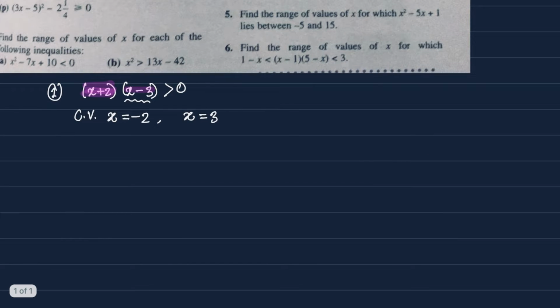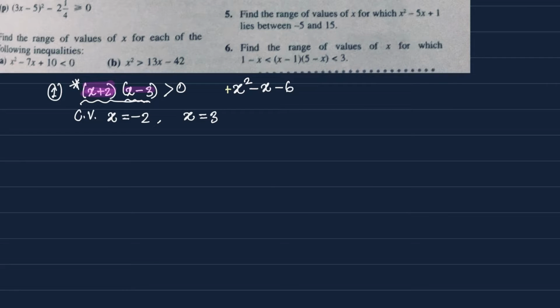What shape is this function? If you expand this function, you will see it looks like x squared minus x minus 6, and so you can clearly see that the coefficient of x squared here is positive, plus 1.